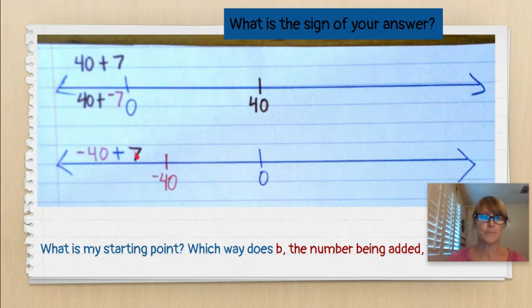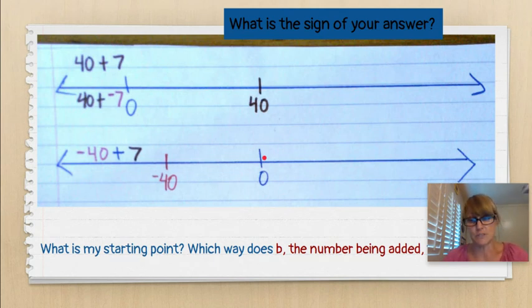Good job. For this one, it says start at -40. This first number tells me start at -40, and then it says add 7. So if I'm adding 7, I know I have to go to the right. I have to go forward toward the positive direction. So I'm going to go forward 7 steps. Am I going to cross the 0 and get into the positive side? No way. Because to get from -40 to 0, I'd have to take 40 steps. And I only have 7.